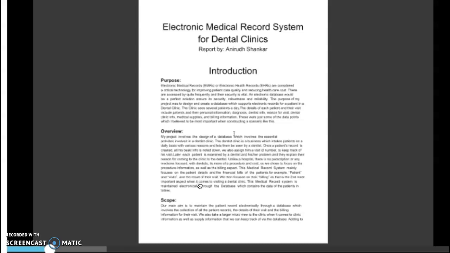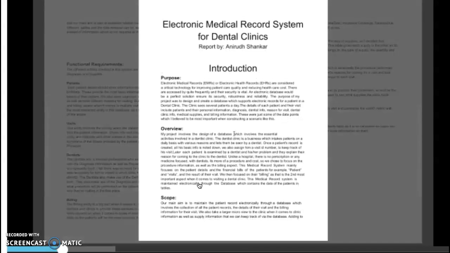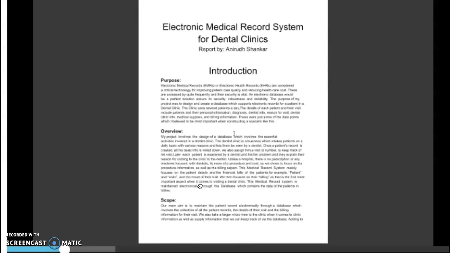The idea was that the clinic would see several patients a day, and the database that I implemented would track the details of the patient themselves, their visit, and a lot of extra pieces of information like personal information, diagnostics, and diagnosis. I chose to implement some extra features, which would include dentist info, reason for their visit, and dental clinic info.